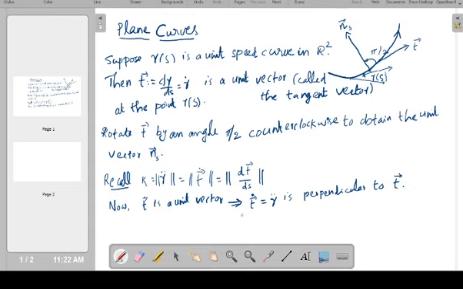Therefore, gamma double dot, that is a vector, is perpendicular to T. That means it is parallel to n s.